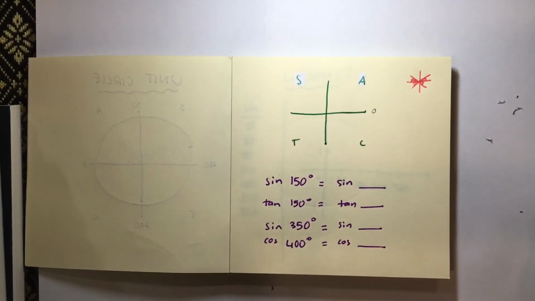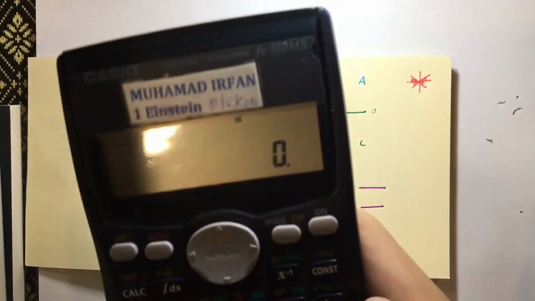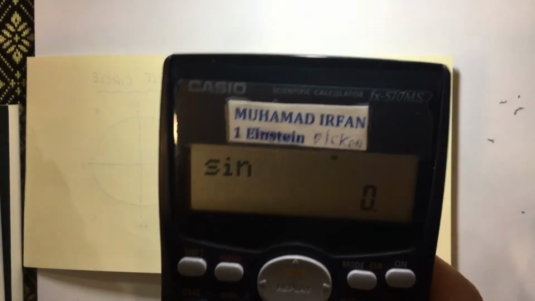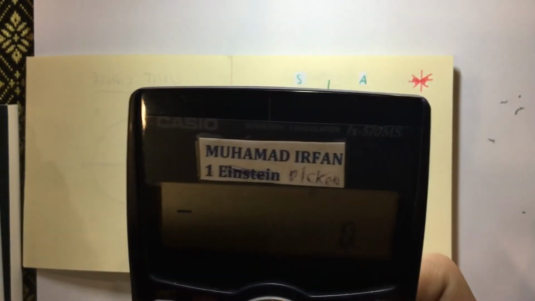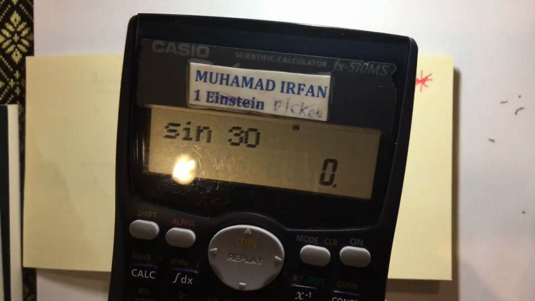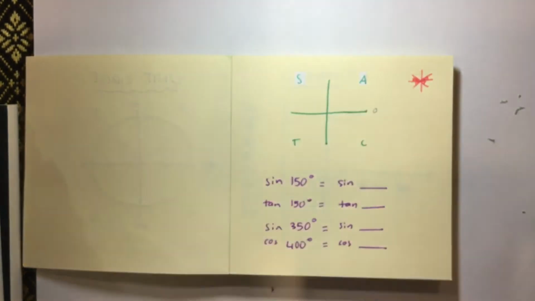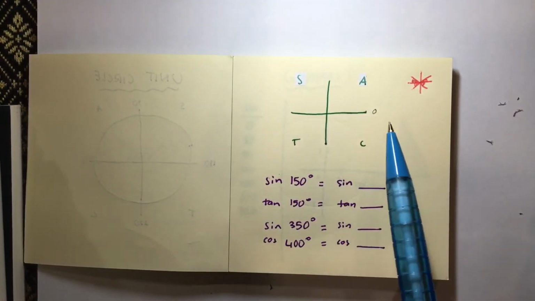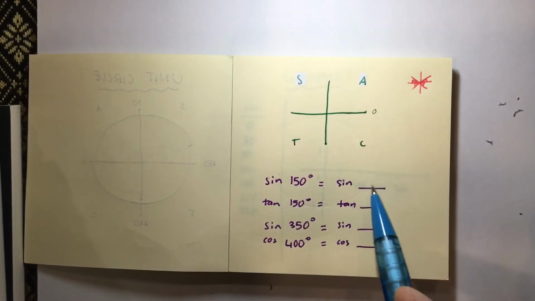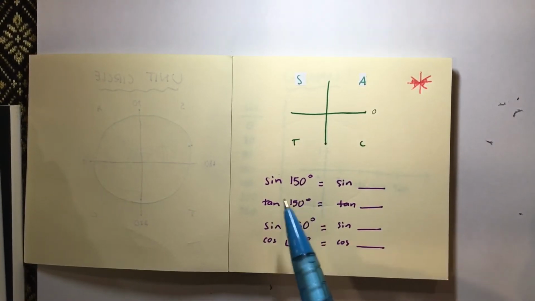You can actually test this out by getting a calculator and just typing in sine 150. You can see you get 0.5, and sine 30 is 0.5 as well. The thing is, obviously you can't memorize all of these equivalent numbers, so how do you know what is the same as an obtuse or reflex angle?